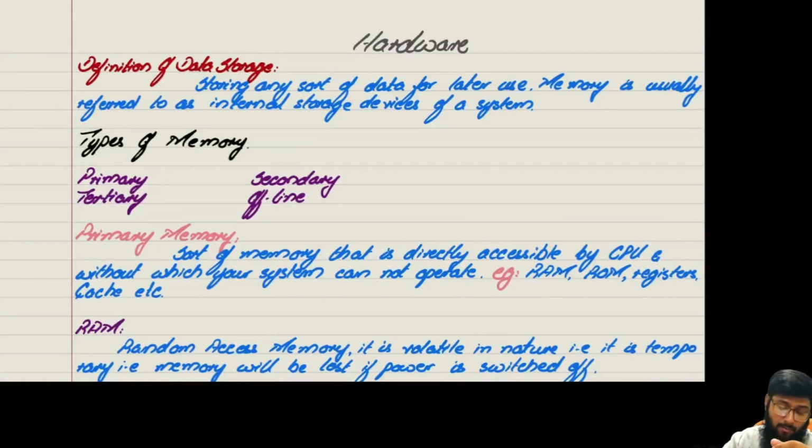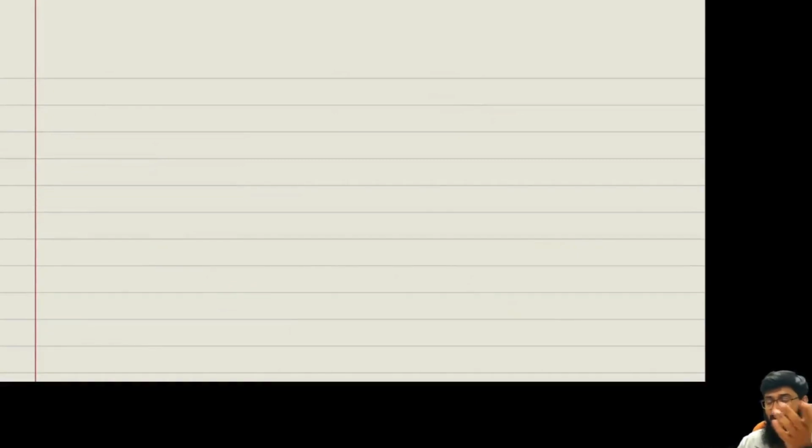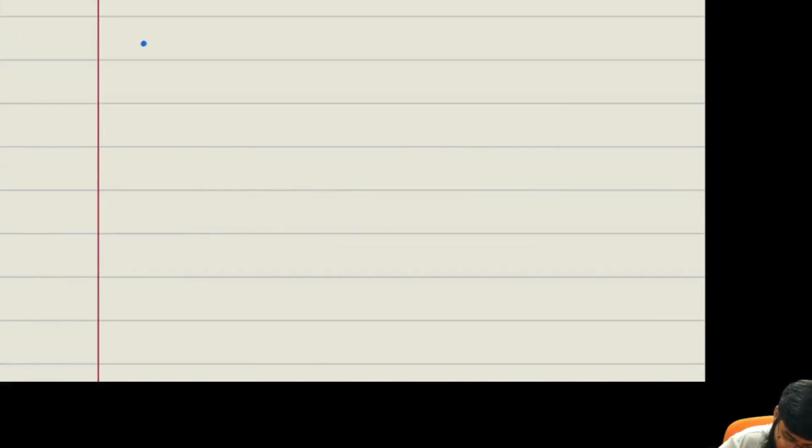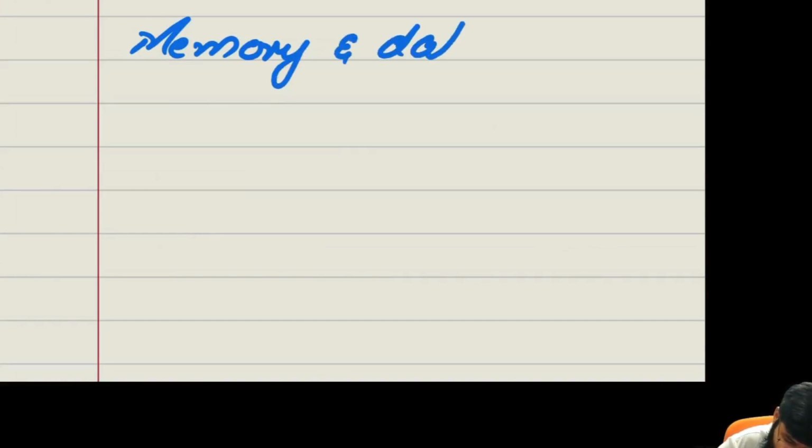Now, if we come to hardware, the hardware topic is actually divided into three categories. What are those three categories? The first one is memory and data storage. The other one is computer architecture.